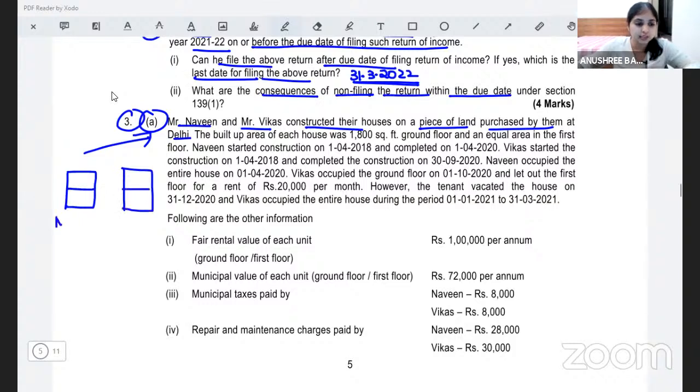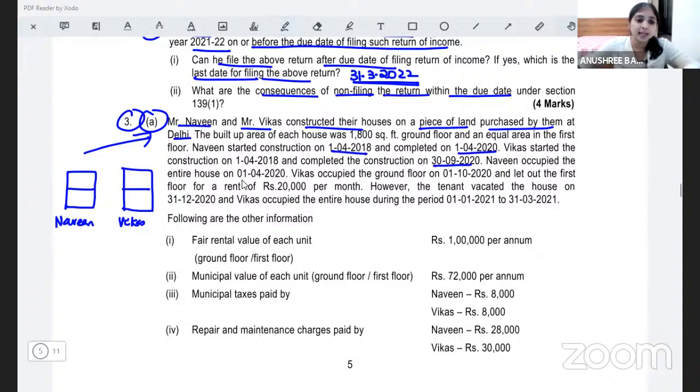Both their houses have a ground floor and a first floor. Naveen started construction on 1st April 2018 and completed it on 1st April 2020. Vikas started the construction on 1st April 2018 and completed the construction on 30th September 2020.